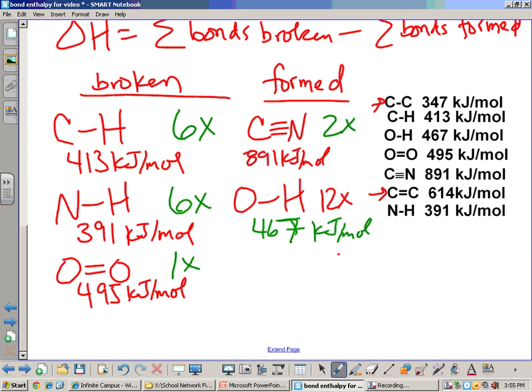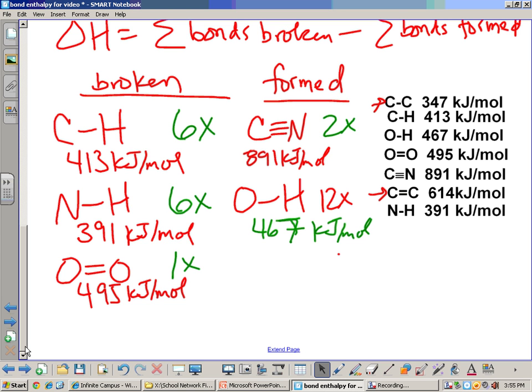There's more involved that we're going to be learning about in chapter 9, that the orbitals involved in a double bond are not simply double the orbitals involved in a single bond. So it's not simply taking the C-C bond and doubling it to get the C double bond C bond enthalpy. They are different, so you have to make sure you're using the correct thing.